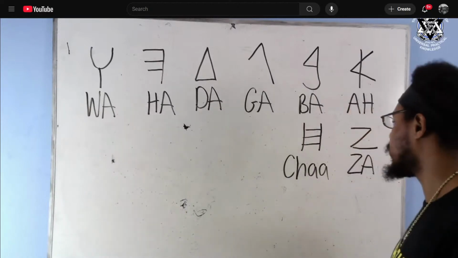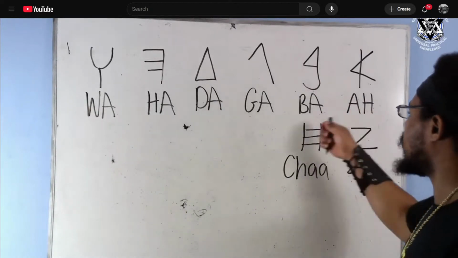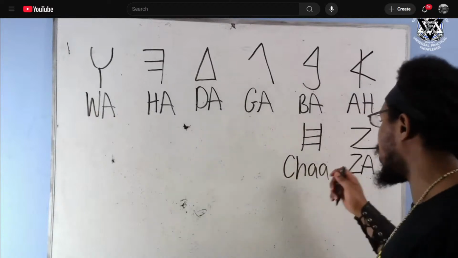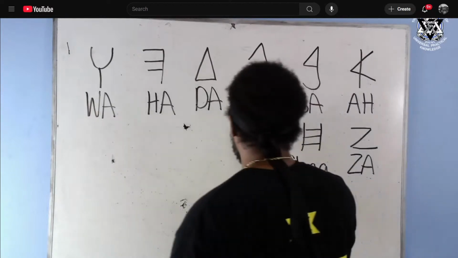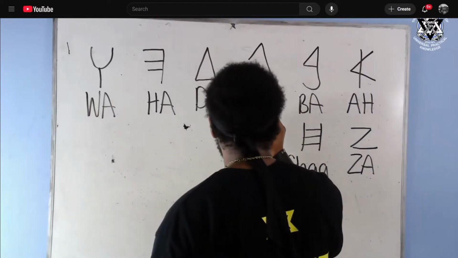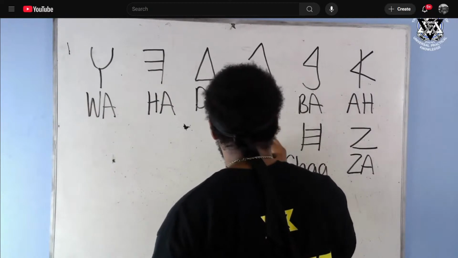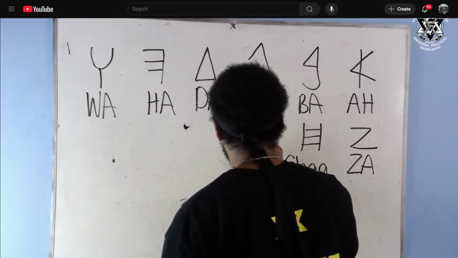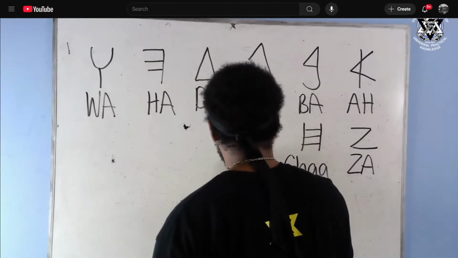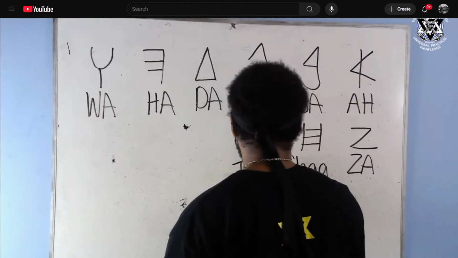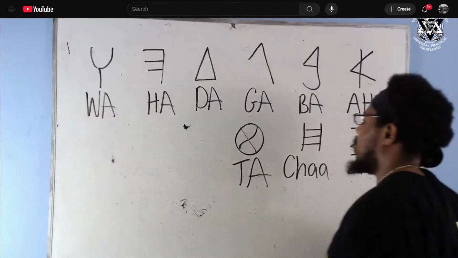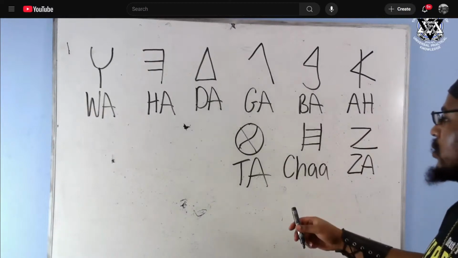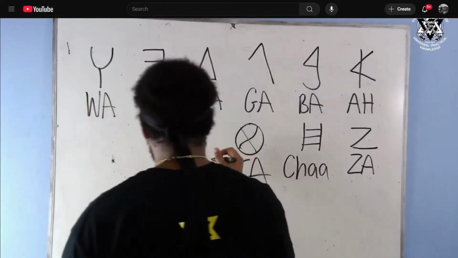So A, Ba, Ga, Da, Ha, Wa, Za, Ha. So we got Ta. And then we got Ya.